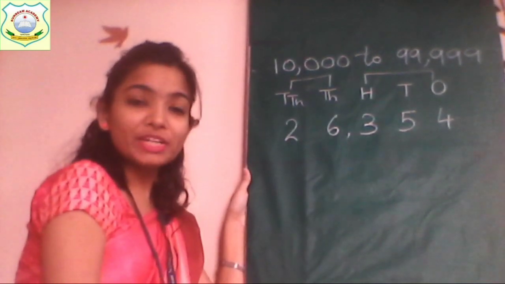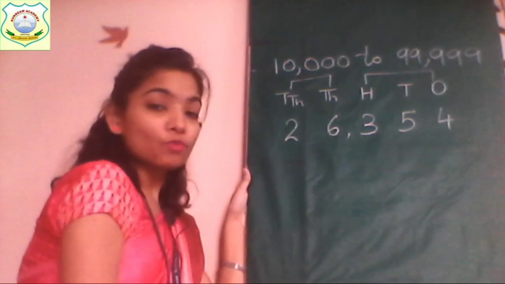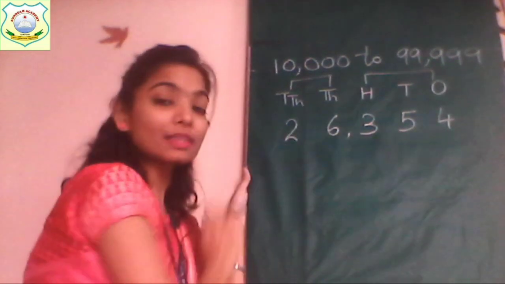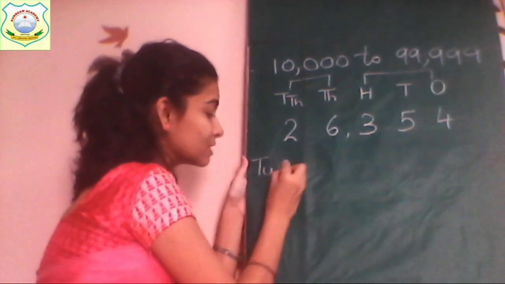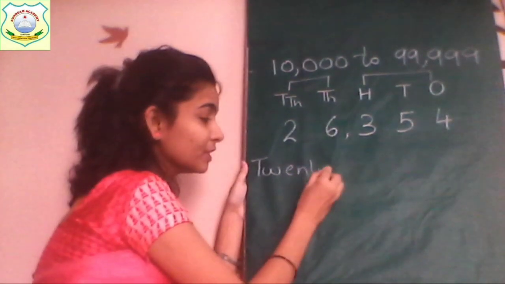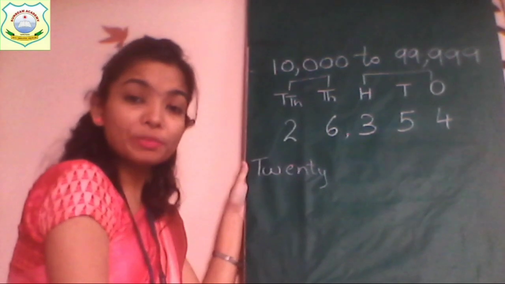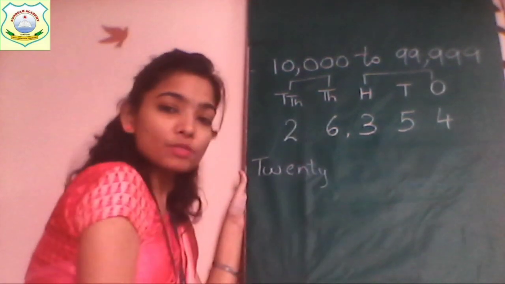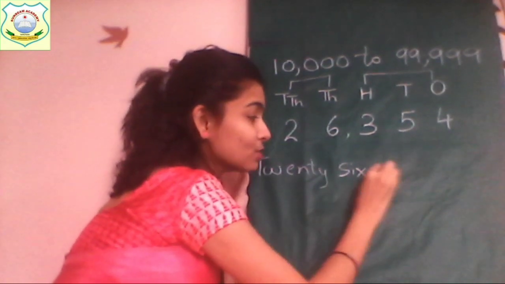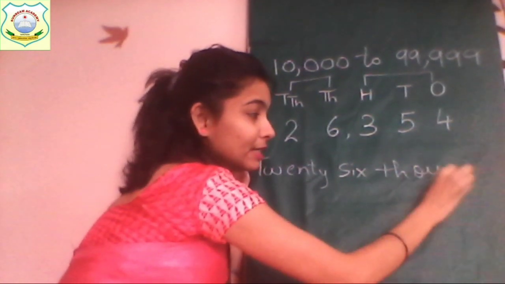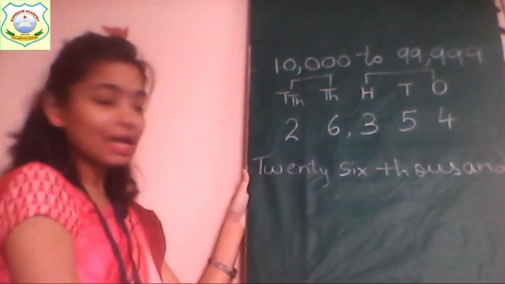So now how to read this? 26,000. We will not read it like 2, 6. It is 26,000. So how to write in words? We will write like this. 2 is at 10,000 place, so it will be 20. And 6 is at 1,000 place, so 26,000.